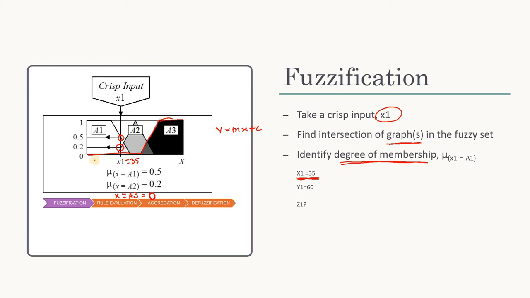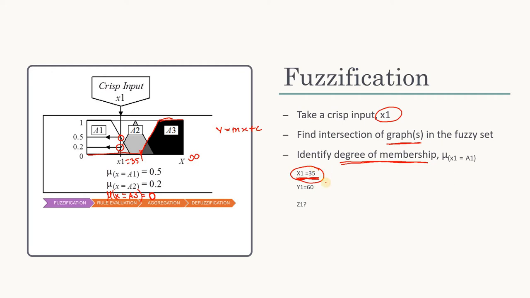The range is still from 0 up to a value here, but from 0 to this particular x value, the value of the graph is around 0. So that is why the degree of membership of x intersect a3 will be 0. This is for one variable.